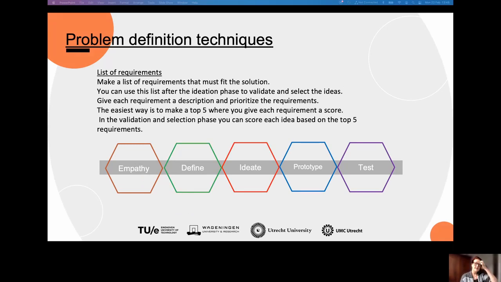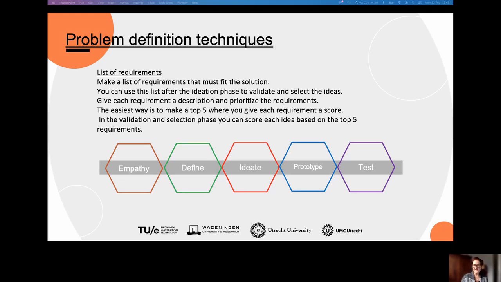Another one is a list of requirements, and that is a really basic technique. You can, in fact, make a list with all kinds of demands and conditions that you or your client find important. And what might be useful is that you prioritize your requirements.